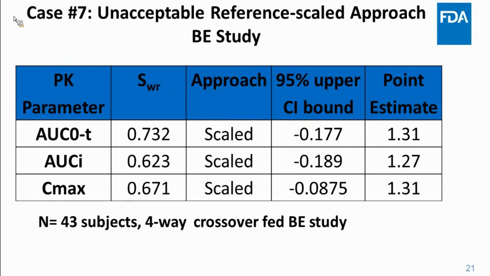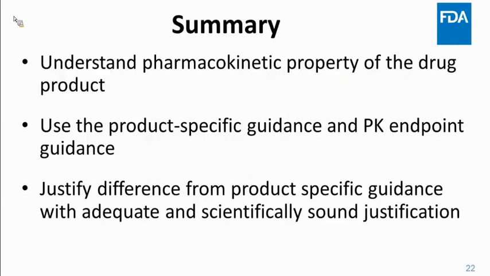Therefore, the reference-scaled BE approach is used for the data analysis. You can see the 95% upper bounds are all less than 0. However, the point estimates for all the PK parameters are not within 0.8 to 1.25. So this study was found inadequate.